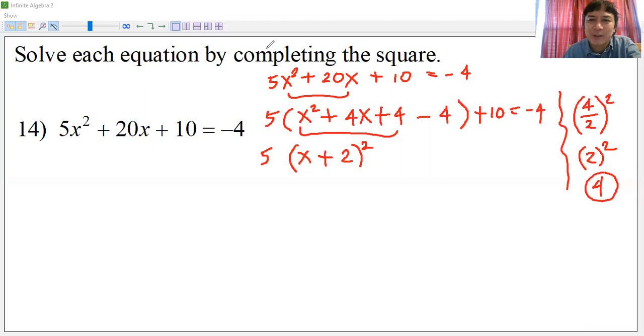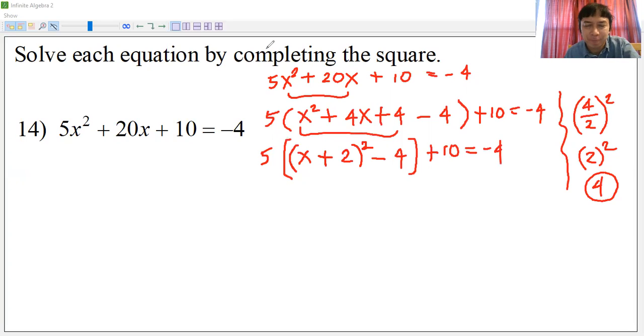So we still have to be enclosing this part, minus 4 there, like that. Remember the minus 4 is there. That positive 4 and all the others became a binomial squared. Then this will continue with the plus 10, and this is equal to negative 4 there.